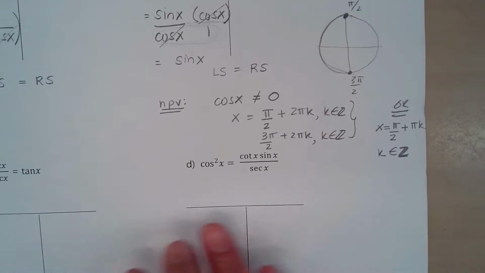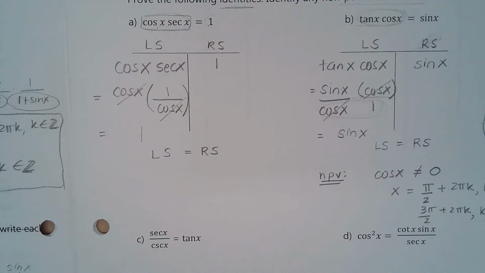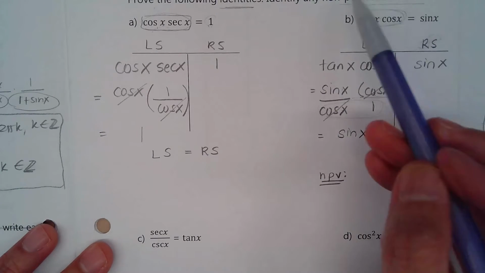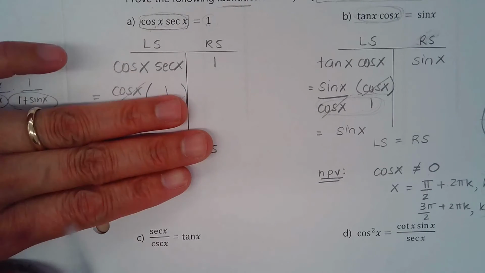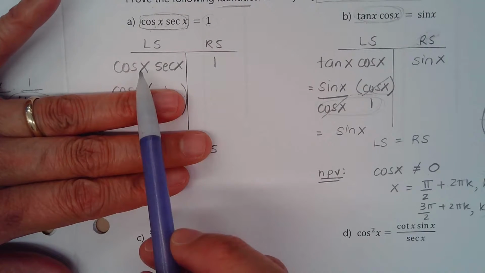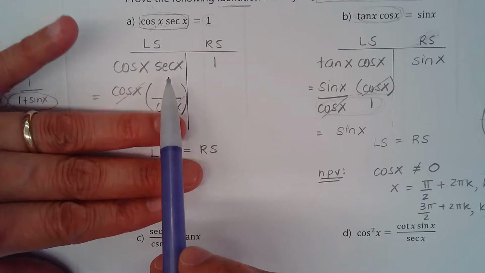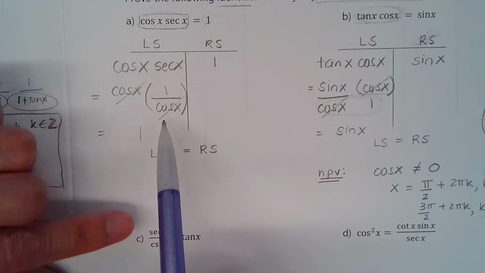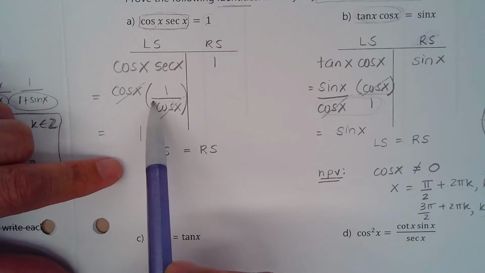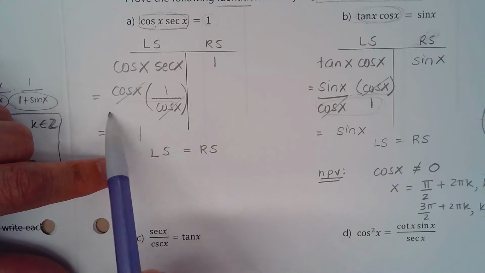Yeah, good job. Okay, now I'm going to go back in here because we didn't talk about the non-permissible value here. So what's a non-permissible value here? We can't really figure it out from here because it seems like there's no denominator. But when we change the secant to 1 over cos, then we know that there's going to be a denominator that we can't have equaling 0.